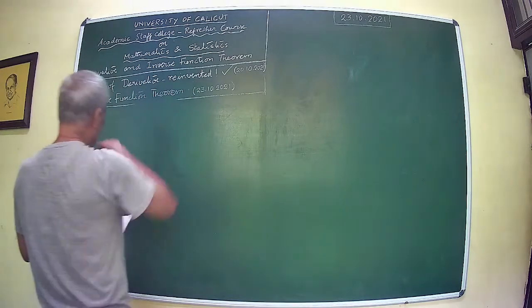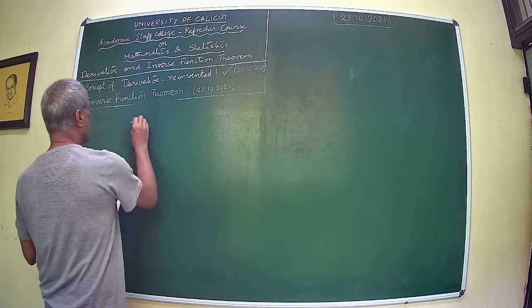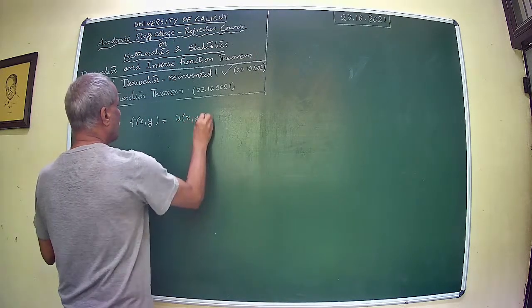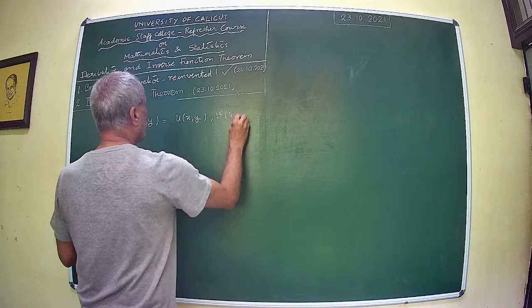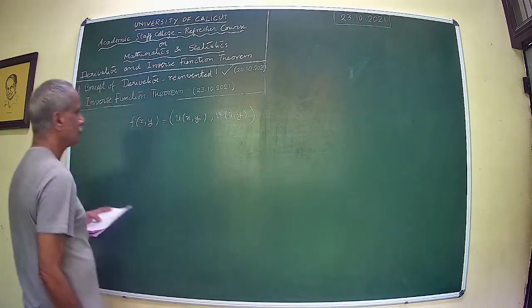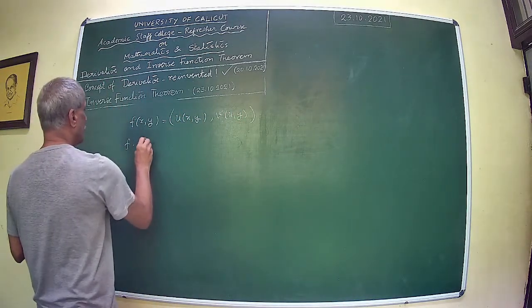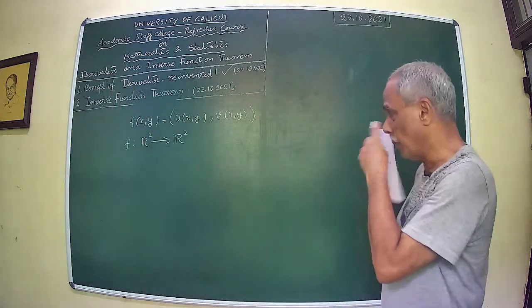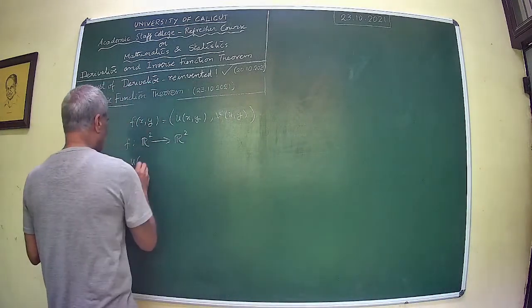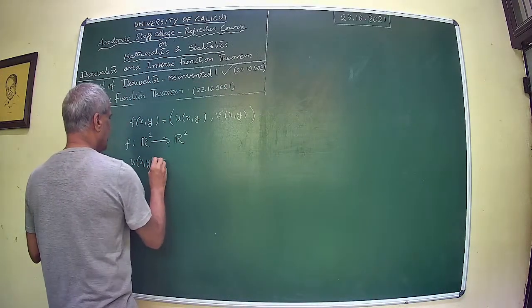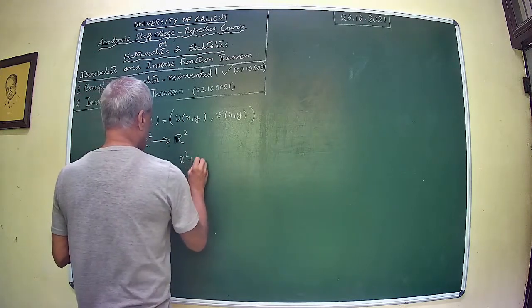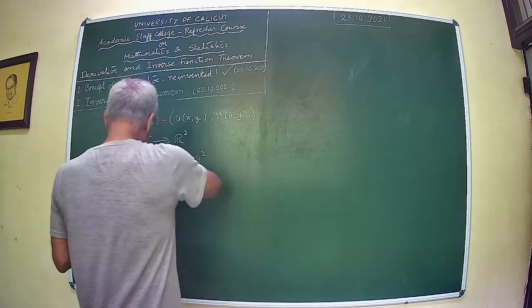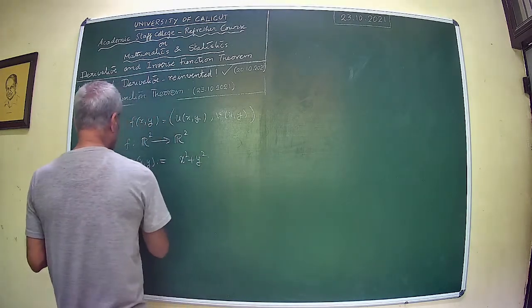Look at this map. Suppose this is a map from R2 to R2, where u(x,y) is defined as, and v(x,y).